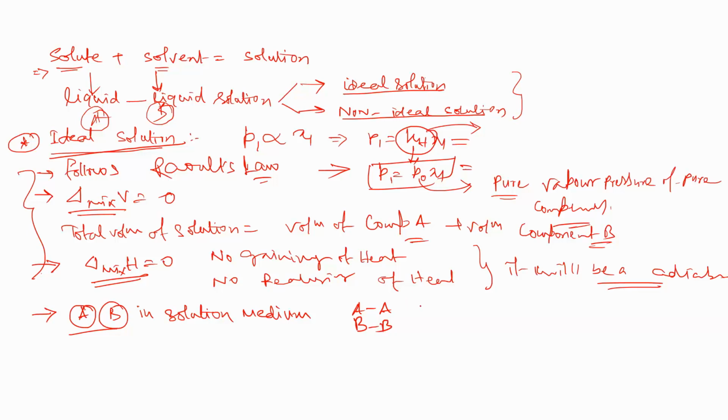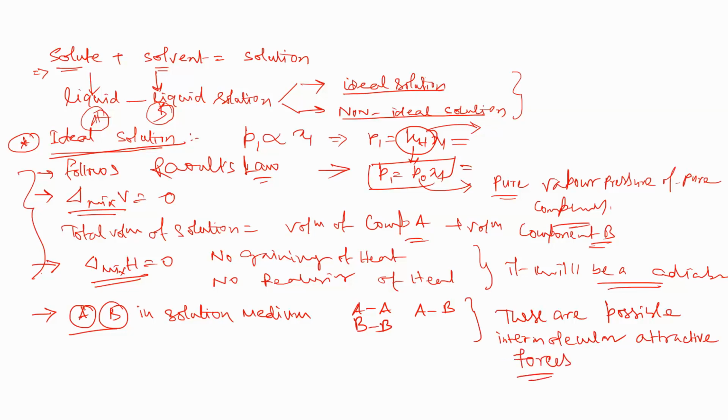Also another possibility, AB. AB means between the solute particle and the solvent particle there will be an intermolecular attractive force. So these are the possible intermolecular attractive forces. So for the ideal solution, what will it be?